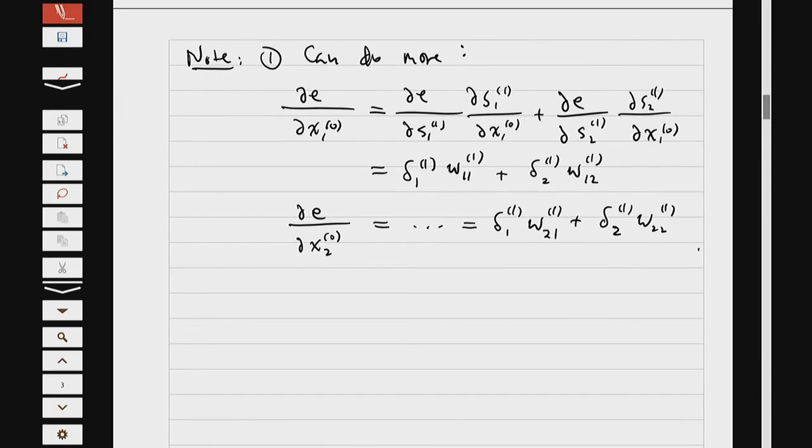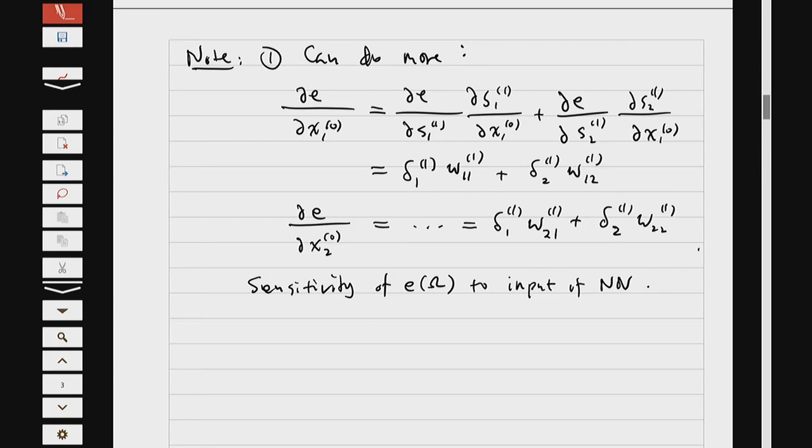So these terms, again, are the sensitivity of the final result to the input of the neural network. Now the question is, why do we want to know this?